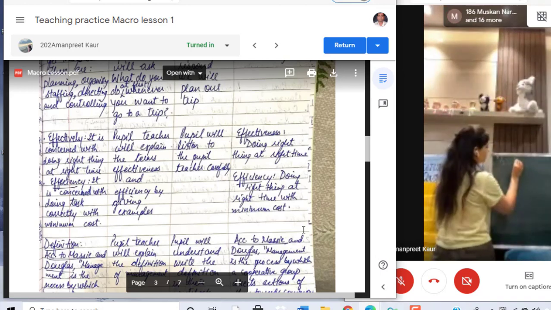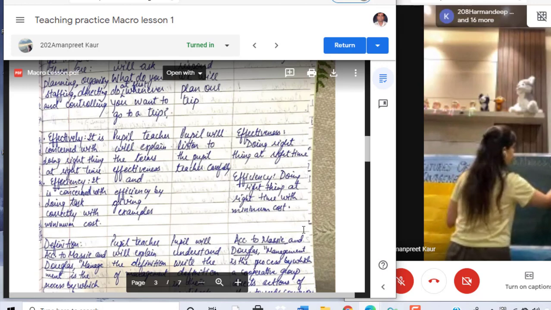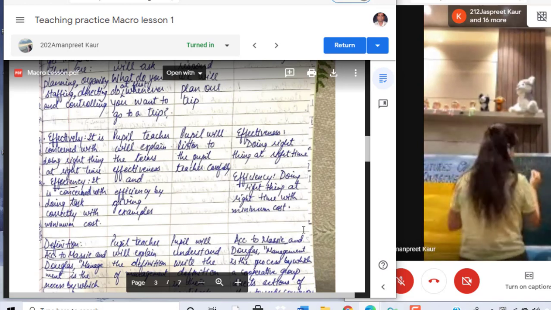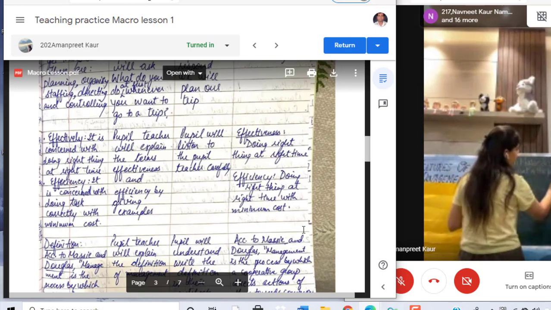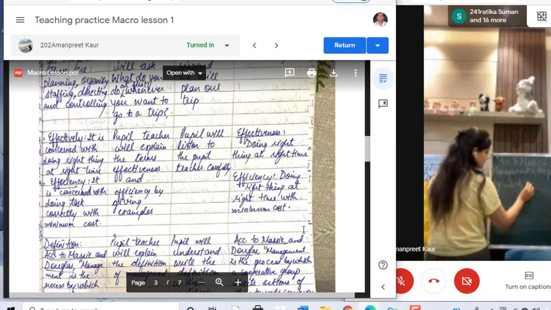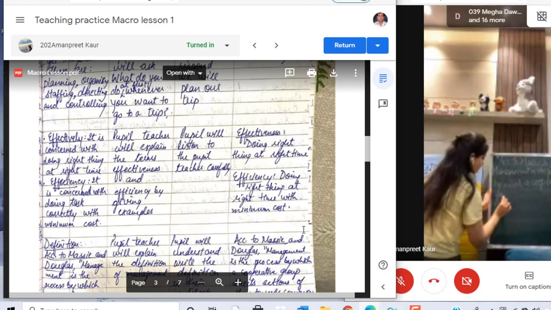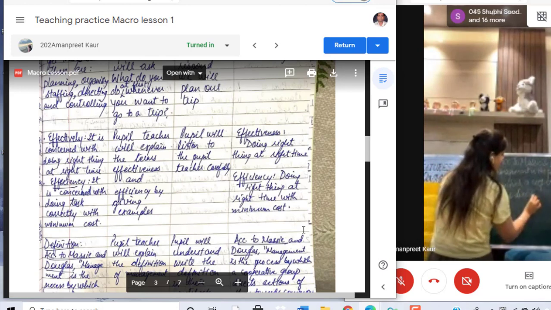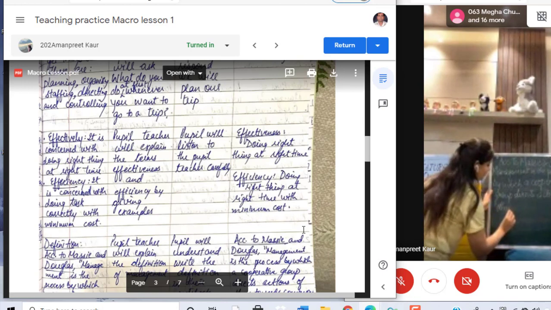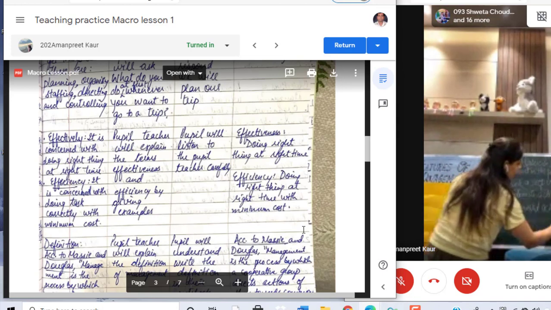According to Massey and Douglas, management is the process by which a cooperative group directs actions of others towards achieving common goals.